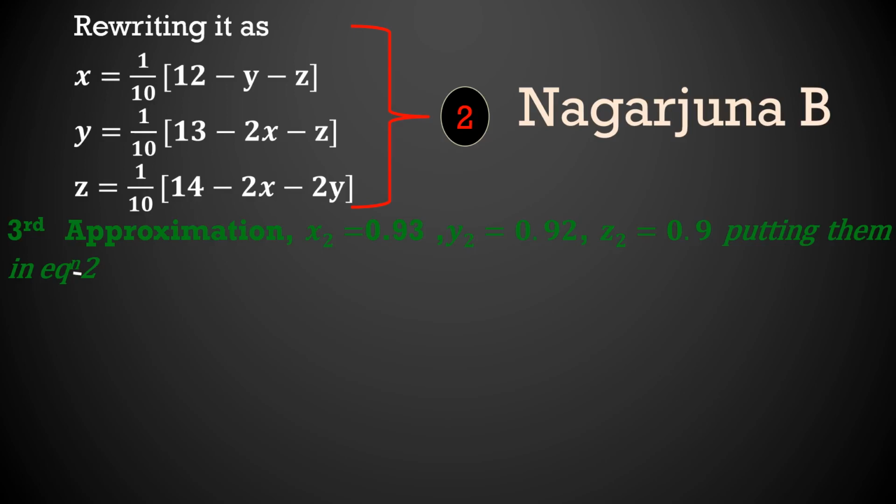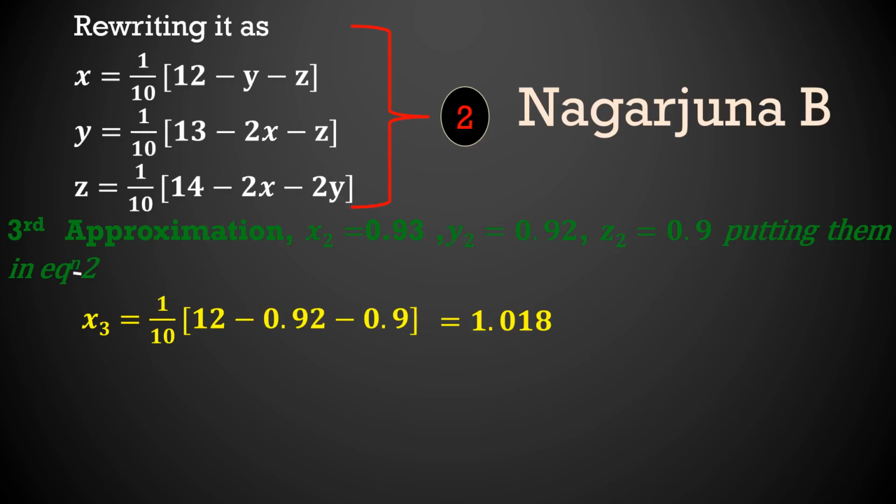So we can write x3 is equal to 1 divided by 10 into 12 minus y is 0.92 minus z is 0.9. And in the calculator you can write, open the bracket, 12 minus 0.92 minus 0.9, close the bracket, divided by 10, and the answer is 1.018.